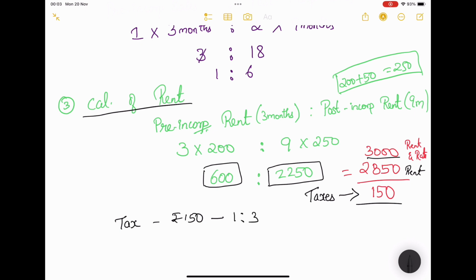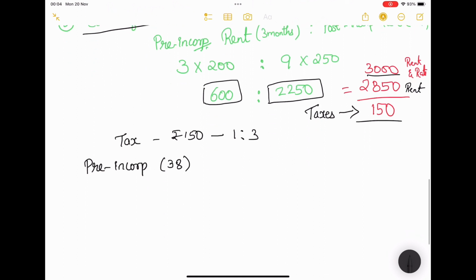Okay, so for pre-incorporation it will be valued at 37.5, so I'll convert it into 38, and for post incorporation, use calculators, okay, so it will be 112. Got it? So very simple, easy.